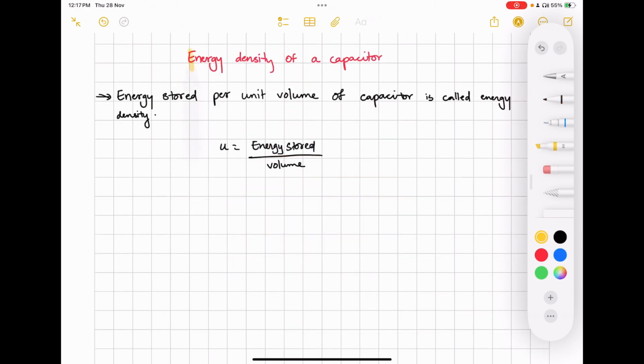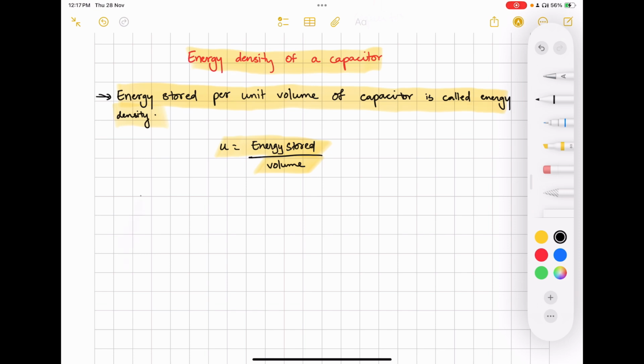The next topic is energy density of a capacitor. Energy stored per unit volume of a capacitor is called energy density. That is, energy density U is equal to energy stored per unit volume.